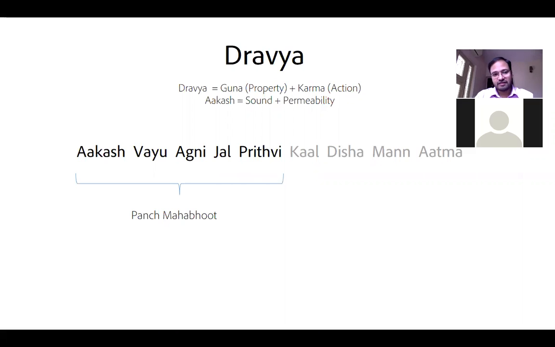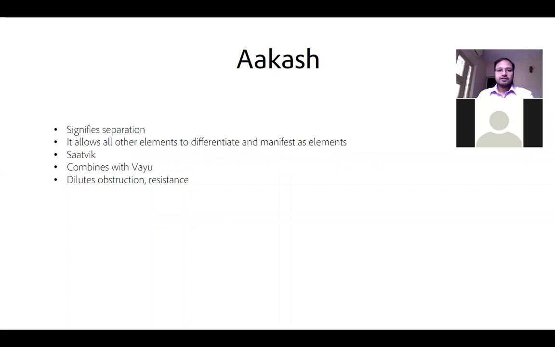So while we see that Vayu creates action, for that action to take place, there has to be an element that allows that property to take place, and that is Akash. So simply going over to the elements now, Akash is an element that signifies separation.